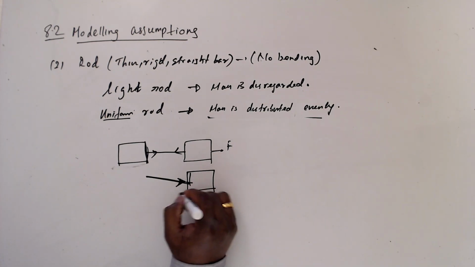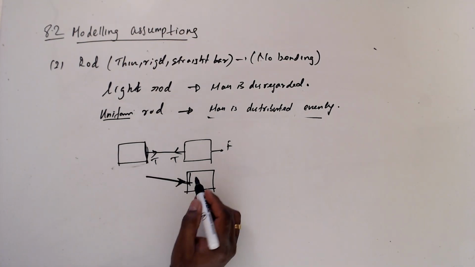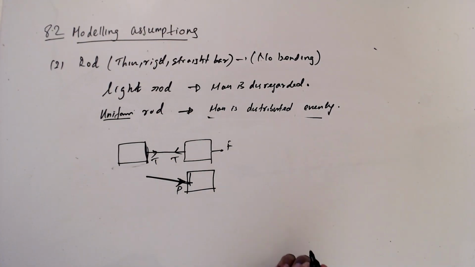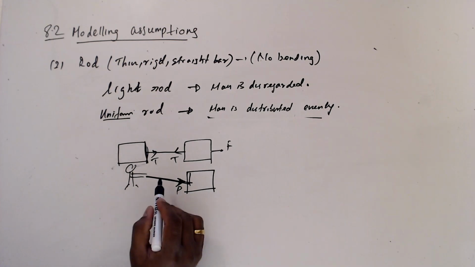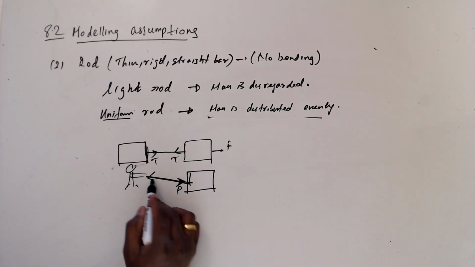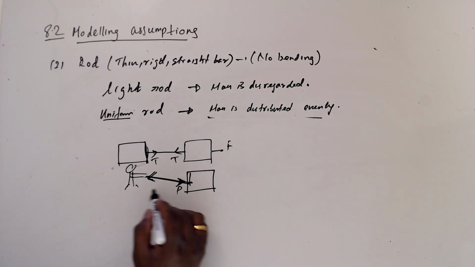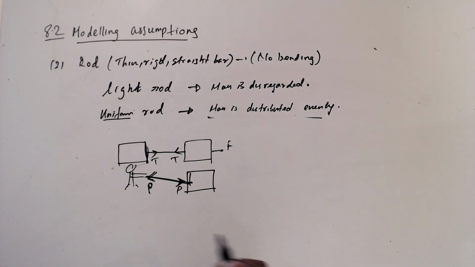Here we have tension T, and we can write the force as P, and the person who is pushing will feel that he is pushed by this one. We will discuss thrust and tension in the next section. This is the direction of the thrust.